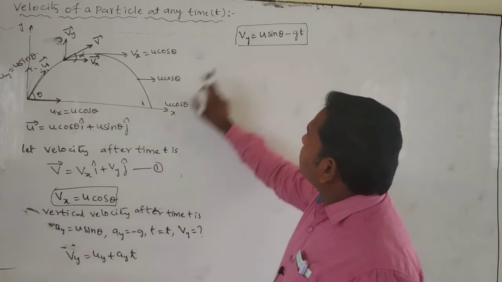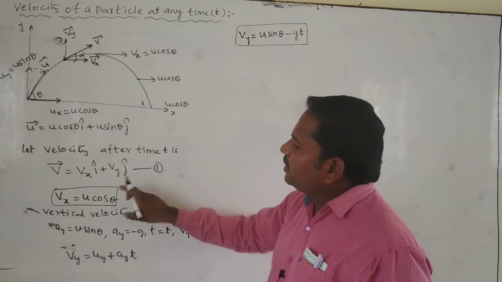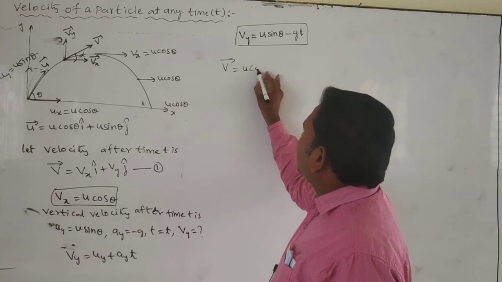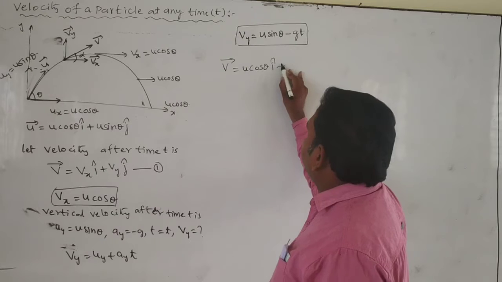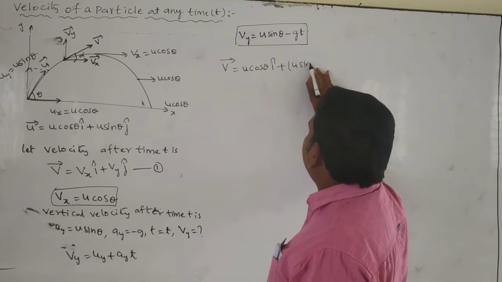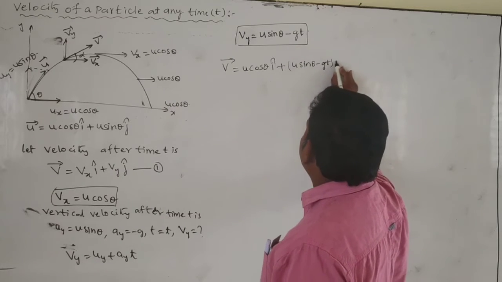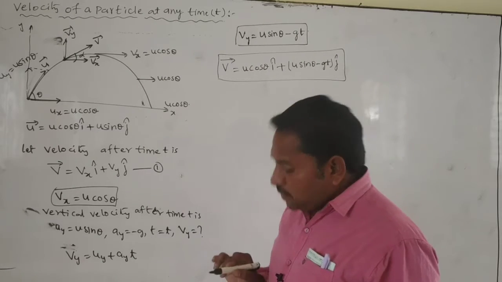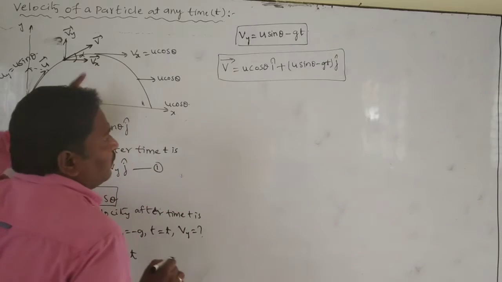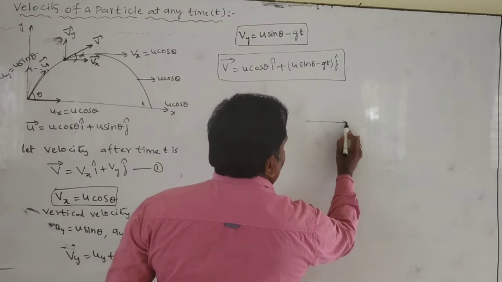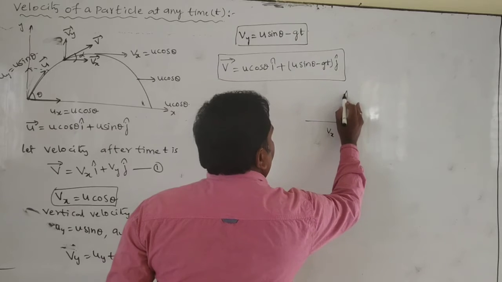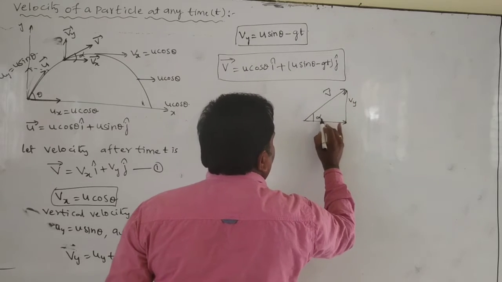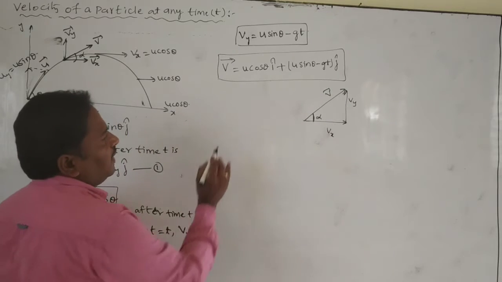Now these vx and vy we have to substitute in equation number 1. Then we get the answer u cos theta i cap plus (u sin theta minus gt) j cap. So this is the resultant velocity. Now we can write tan alpha. This is the x-axis, this is vy, and this is the resultant velocity v bar. It makes an angle alpha with the horizontal direction.